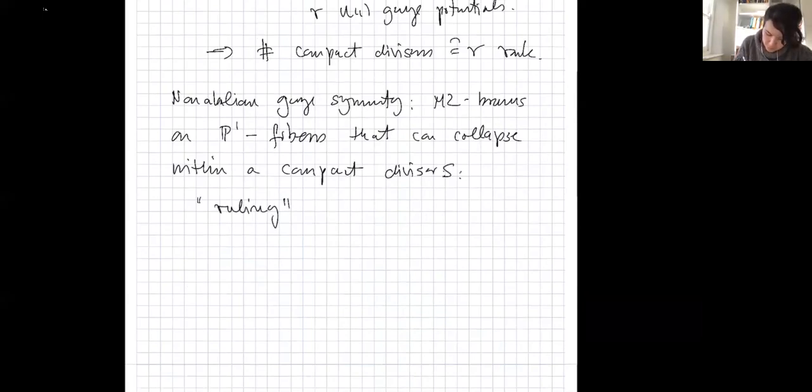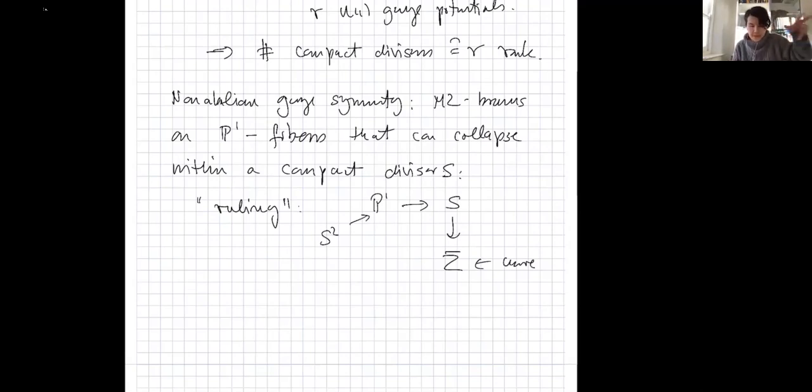So there's a ruling, and all this means is there's a P1 that fibers the compact divisor over another curve Sigma. So Sigma is some curve, can be of higher genus, and this is P1, so that's just an S2.